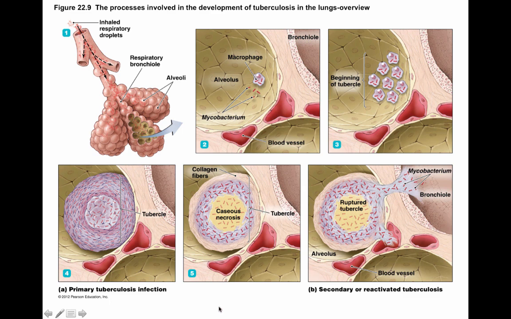All right. It could be a long, long time before you move on to secondary tuberculosis. Secondary tuberculosis occurs when the person's immune system weakens, either because they age, because when you age, your immune system gets weaker and weaker, or you get some sort of immunocompromising disease, some other infection, some other situation.